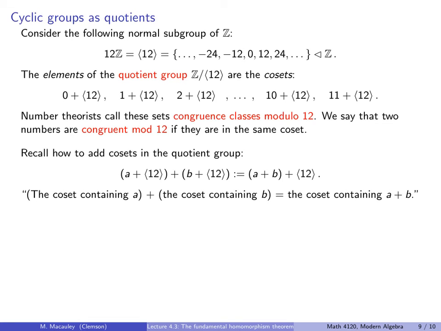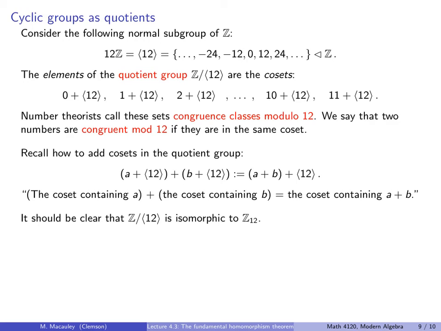Recall how we add cosets in the quotient group, and I say add because this is an additive, not multiplicative group. So to add these two cosets, a plus H, I'm going to call this H, a plus H plus b plus H is just a plus b plus H. So in plain English, that means the coset containing a plus the coset containing b is the coset containing a plus b.